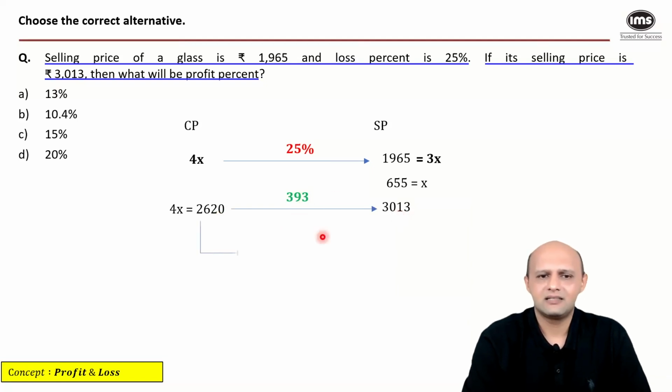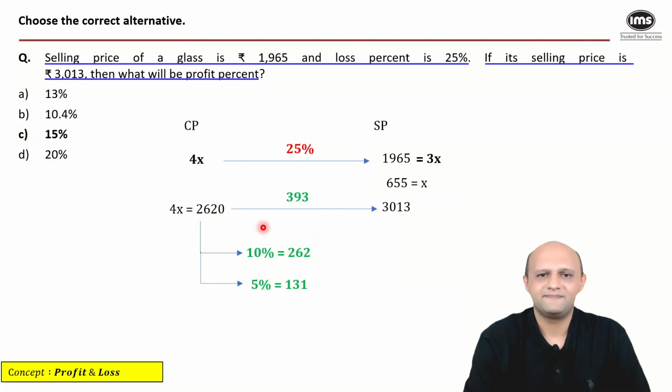Let's understand this carefully. 10% of the number is 262, and another 5% of the number is 131. If you add the two, this is exactly equal to 15%, which is the answer. So the answer is option C, 15%.